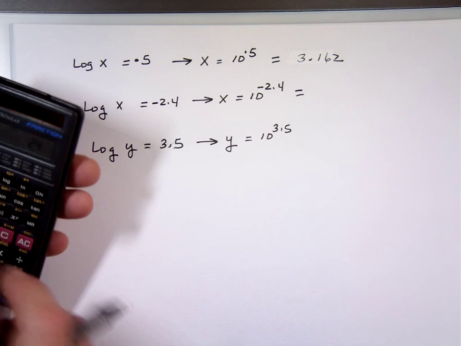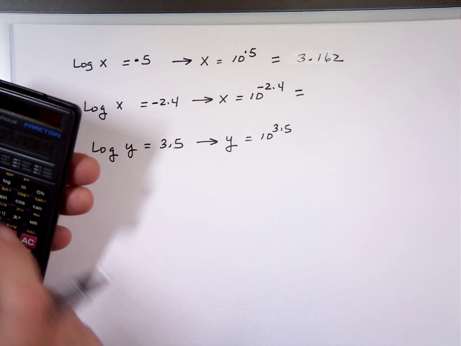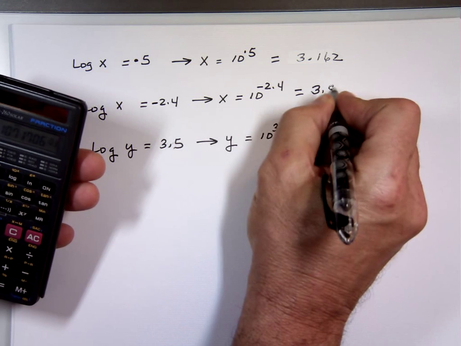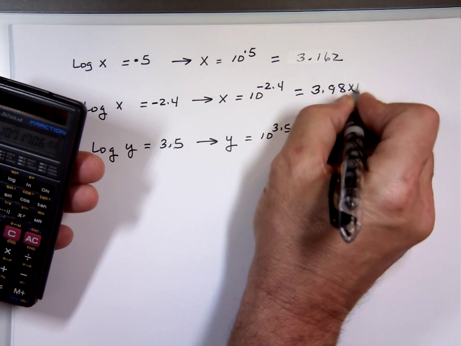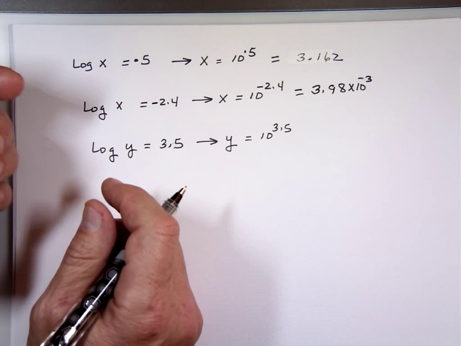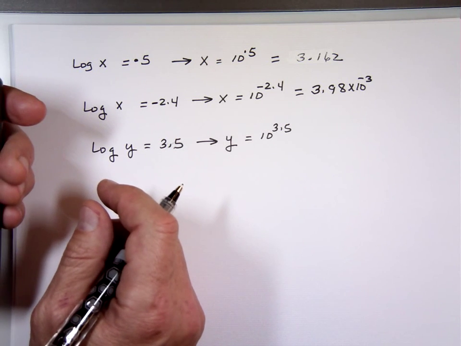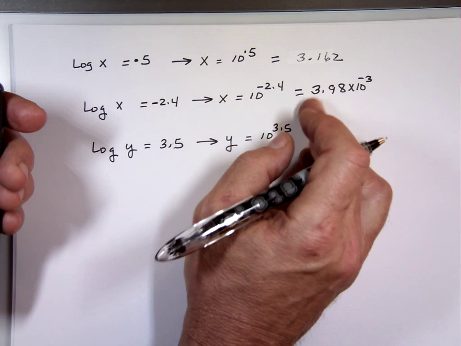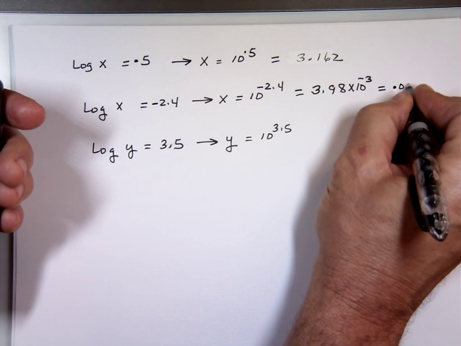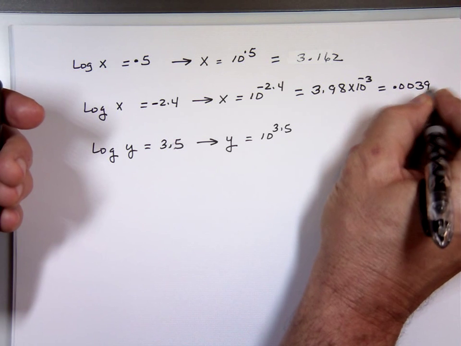Let's try the other one. Negative 2.4 and 10 to the power of that. Did your calculator give you 3.98 times 10 to the negative 3? My calculator gave me 3.98 times 10 to the minus 3. What does that mean? Move the decimal point how many places? 3 places to the left, that's 0.00398.